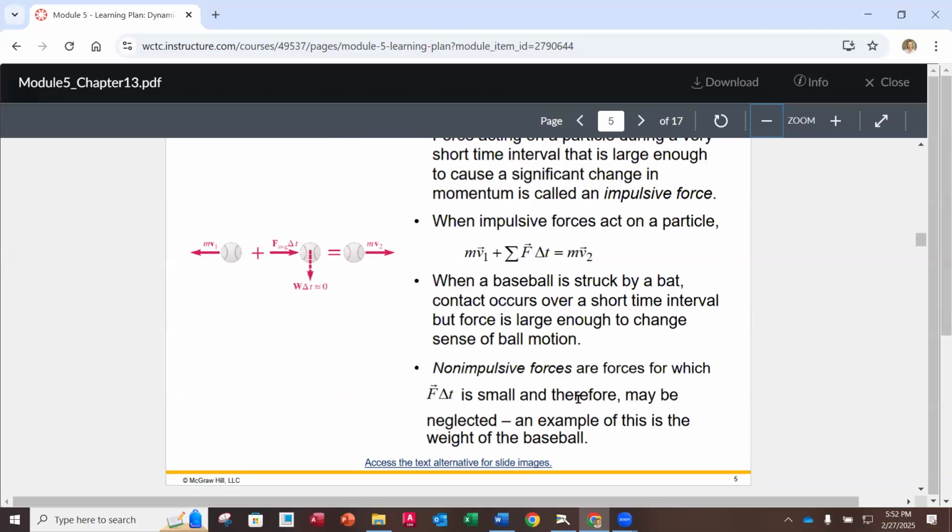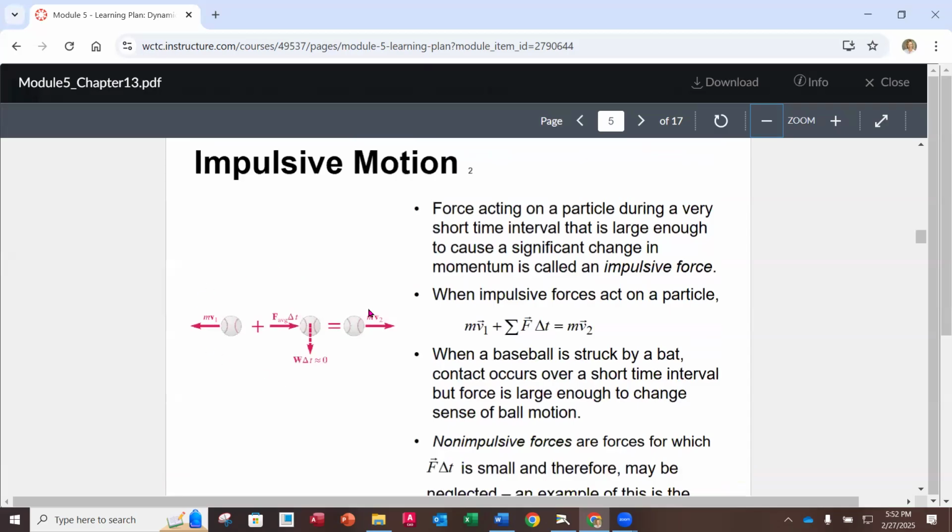And many times, in the case of, for instance, the baseball that we see here, the weight of the baseball is negligible compared to the force that a bat would be hitting it with to change its momentum. So for instance, a baseball in its initial state is going to be pitched towards a batter.